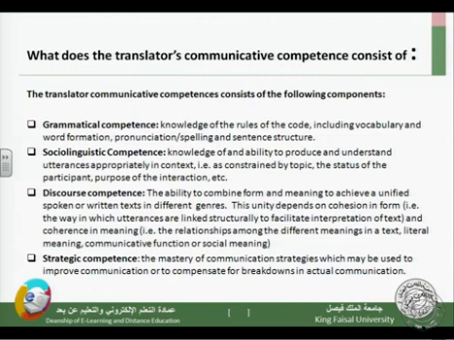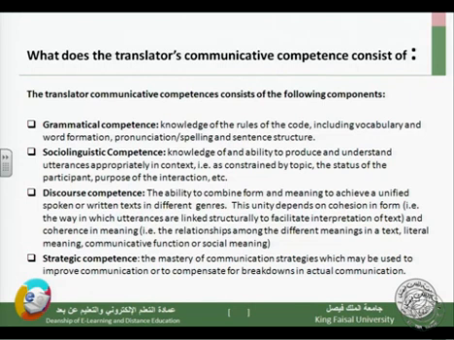In other words, you need to have this competence of knowing what kind of genre and the discourse in the text, whether it is spoken or written, and whether it is cohesive or coherent, the relationship between the structures in the text, and the link between the sentences and the paragraphs, and so on and so forth. So you need to have this discourse competence.